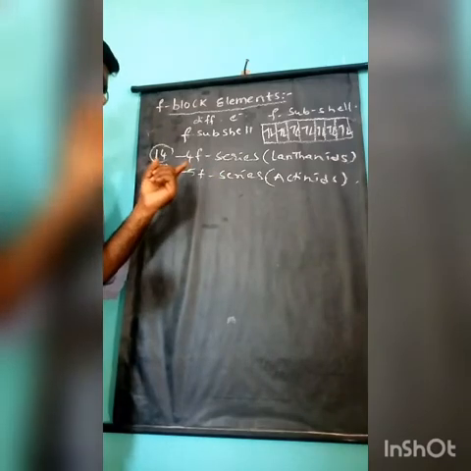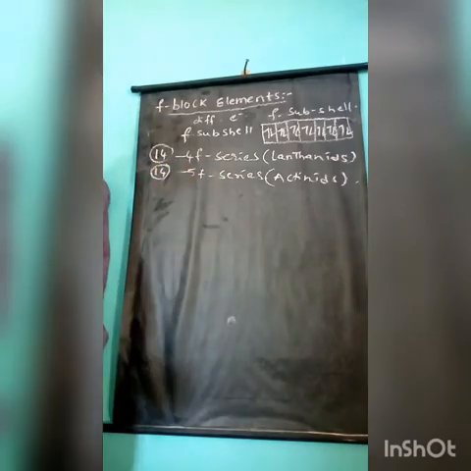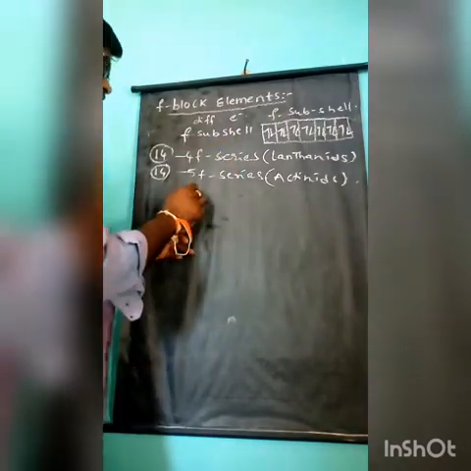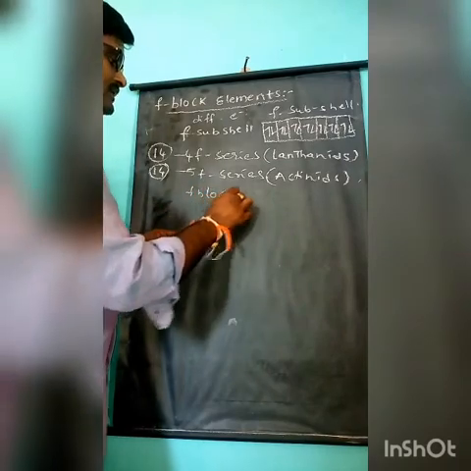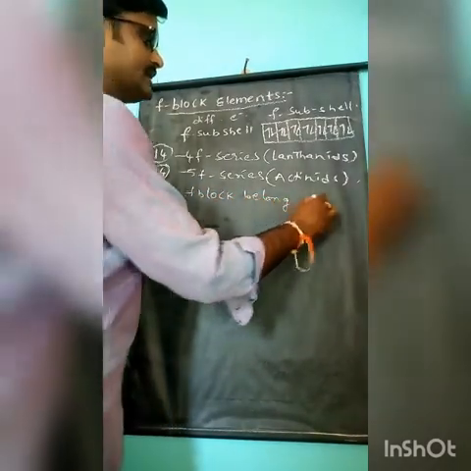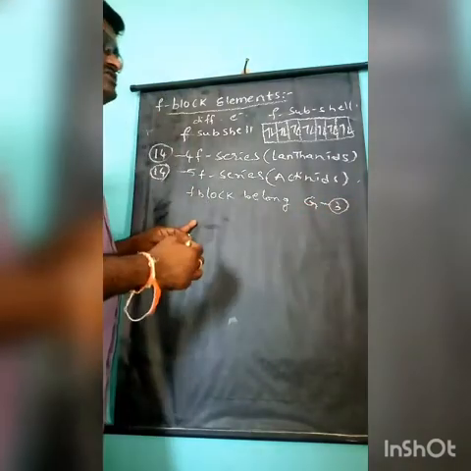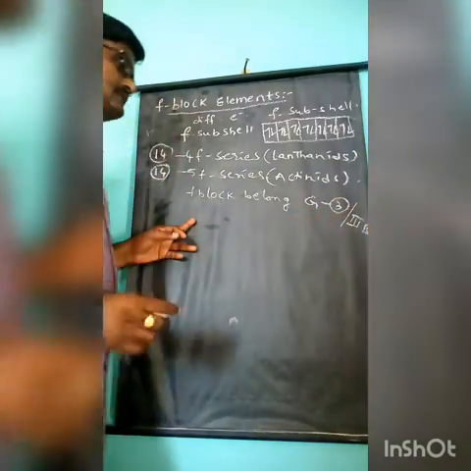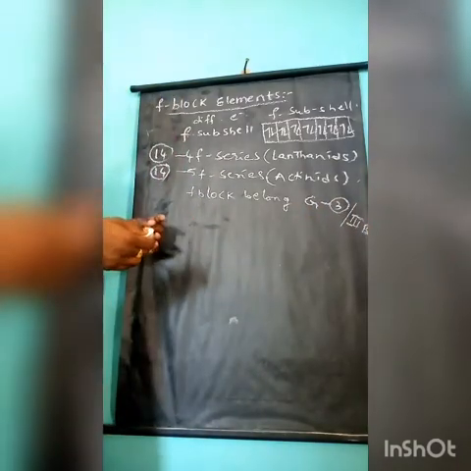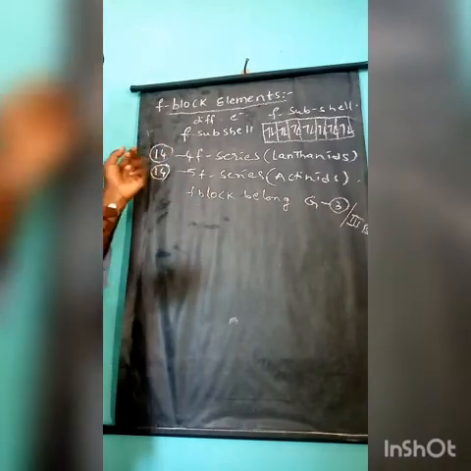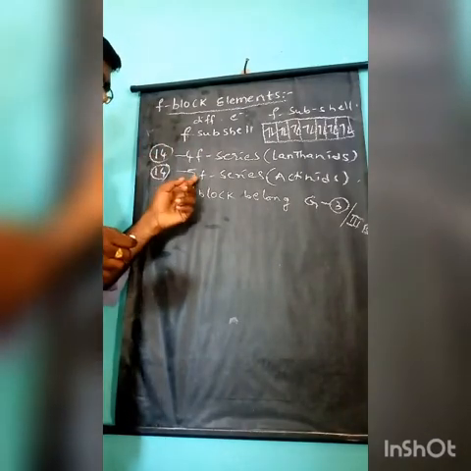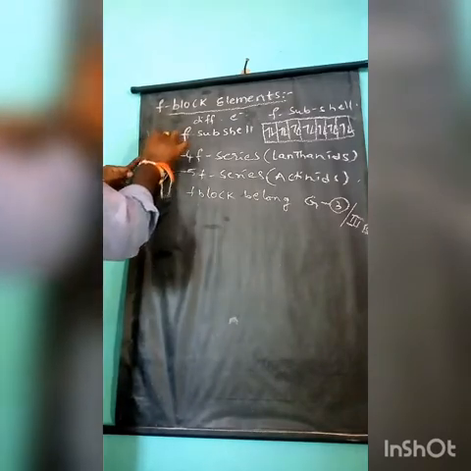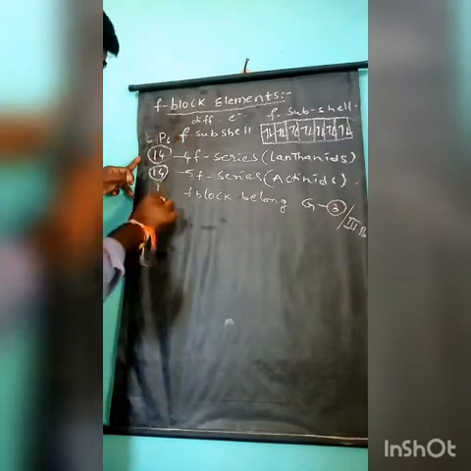Lanthanides and actinides. This block belongs to group 3, the third B group. The 4F series belongs to the 6th period, P6, and the 5F series, the actinides, belongs to the 7th period, P7.